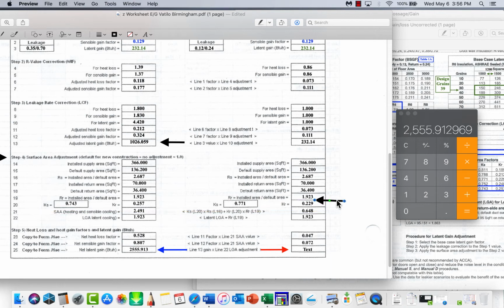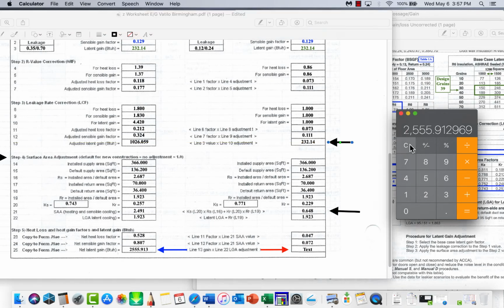Okay, now we're going to do the same over here. I'm going to use the line 21 and line 13 here. And this is where you get to see a real big difference. 232.14 times 0.648. And I'm going to do that one just one more time because I felt like I accidentally clicked a button.